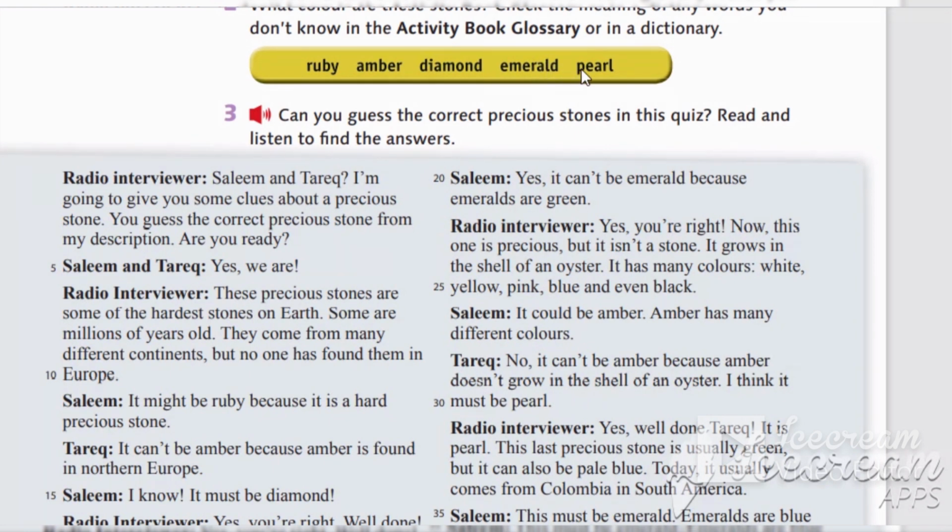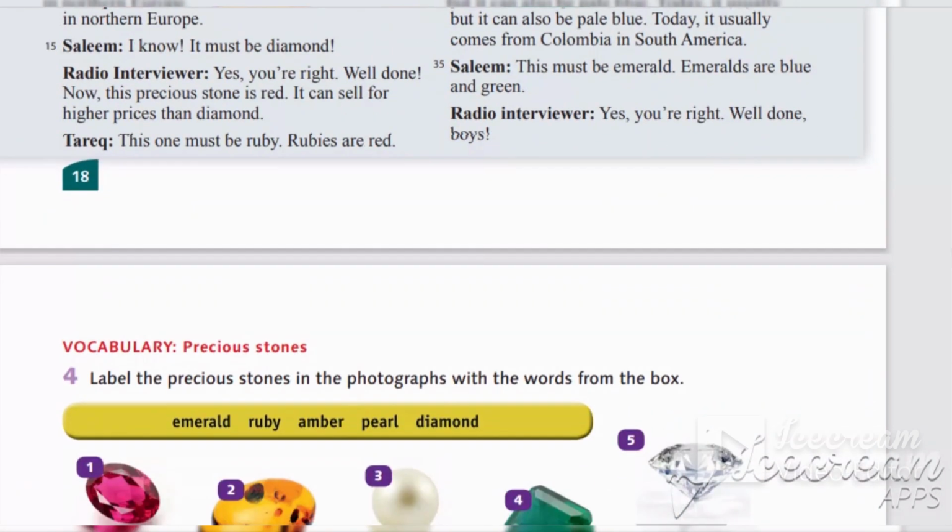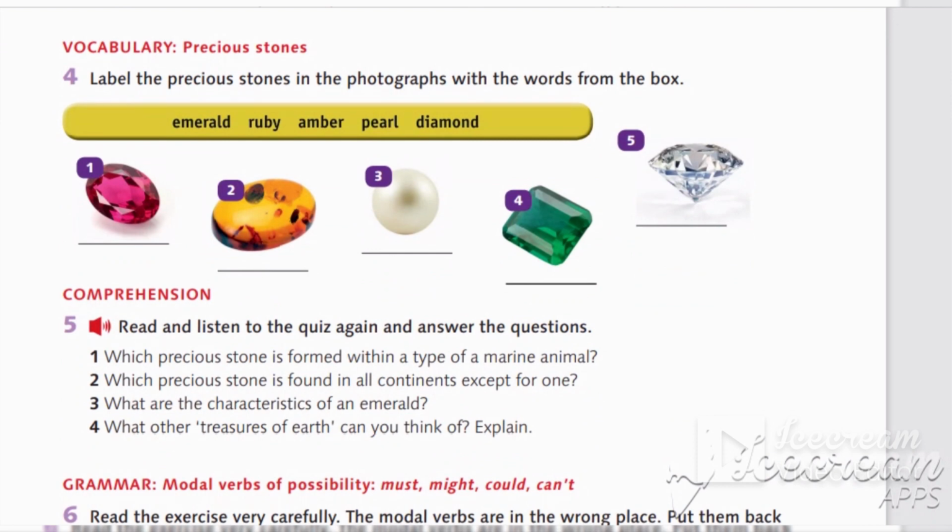And pearl grows inside an oyster, اللي هو اللؤلؤ. Now we will answer this question according to the explanation we have: emerald, ruby, amber, pearl, diamond. Think about each one of them.